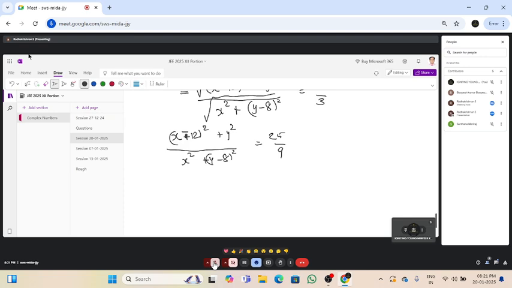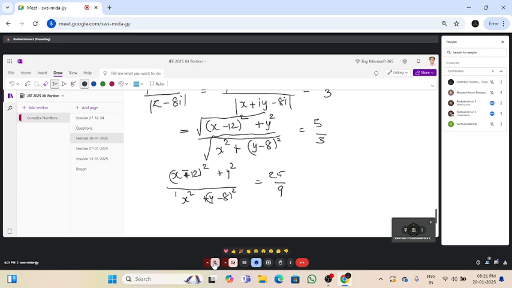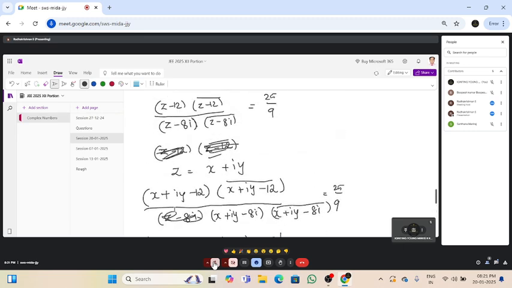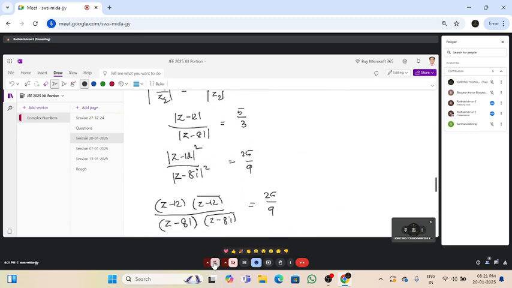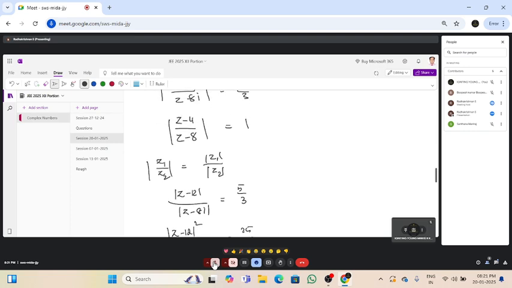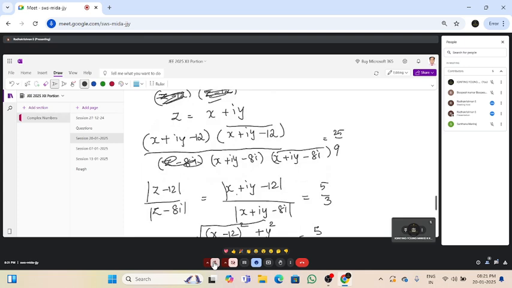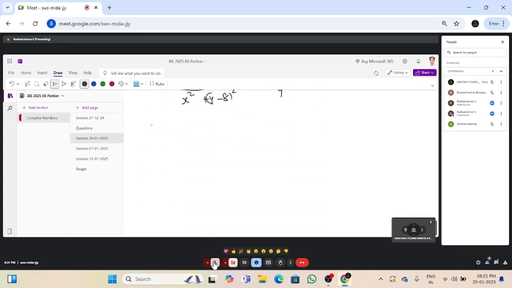Let's try the other equation, what you get. Mod of (Z minus 4) by (Z minus 8) equal to 1 gives (X minus 4) whole square plus Y square divided by (X minus 8) whole square plus Y square.